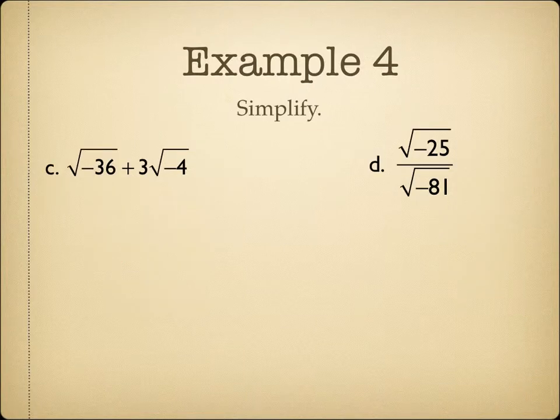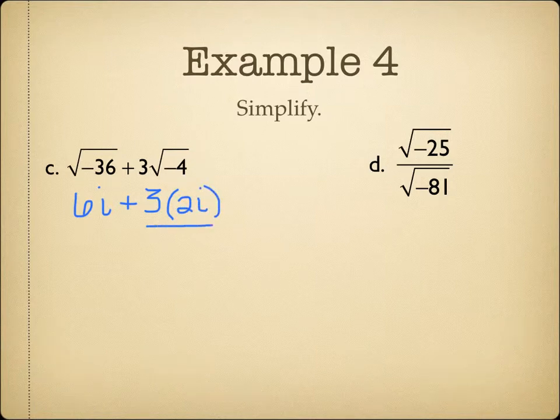Some more. Square root of -36. What is the square root of -36? 6i plus, now this 3 I'm just going to leave alone for a second. What's the square root of -4? 2i.